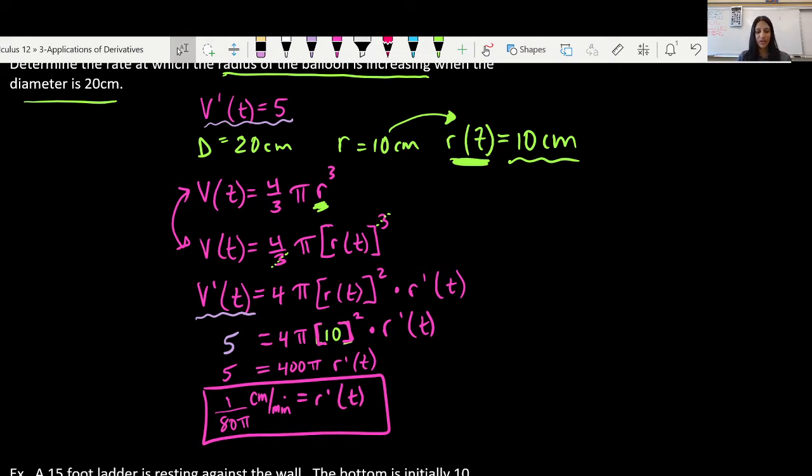The key idea is you figure out which information you are given, you figure out right at the start what it is you're looking for, and try to look for similarities between the two. Putting them both in terms of time is what I'm referring to. That's the pattern we're looking for as we work our way through these.